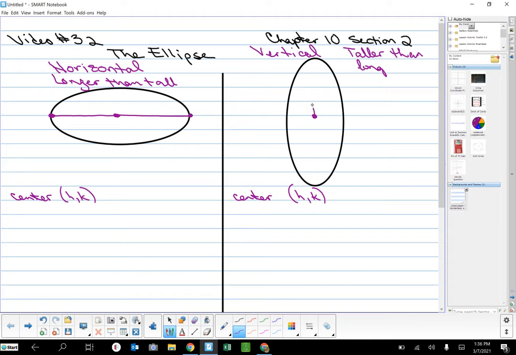So in this one, it goes this way. That is called the major axis, and we'll have a definition at some point in a little bit.